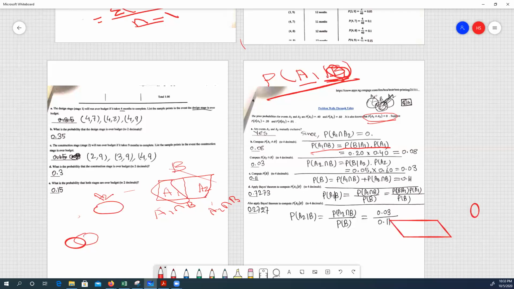So that means 0.11. So this is the probability of B. So now we have to find the probability of A1 given B.